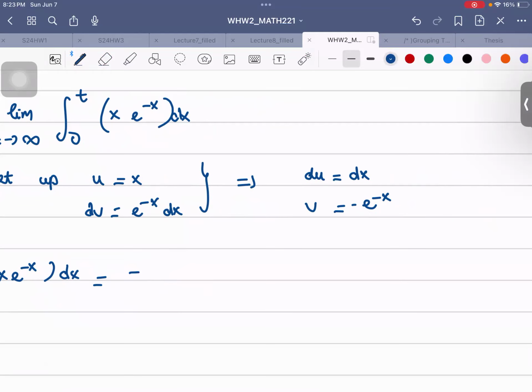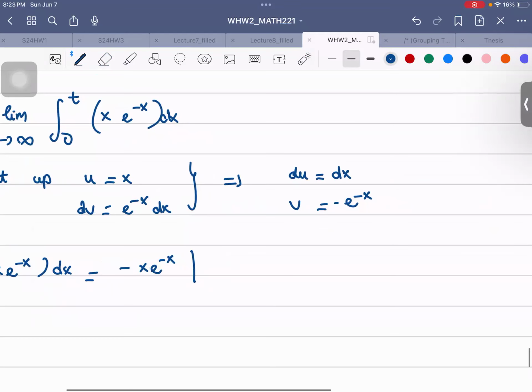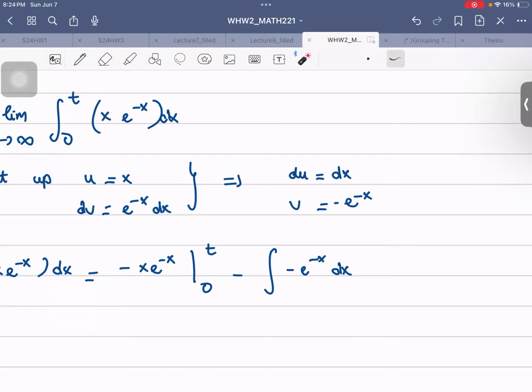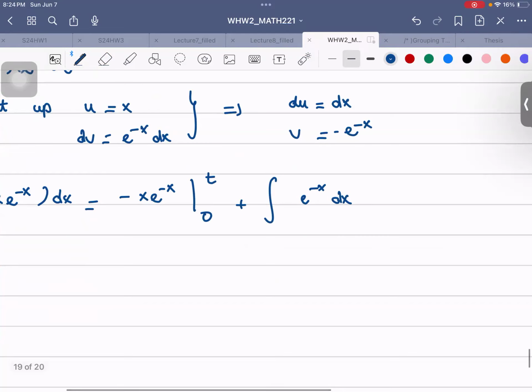So we have negative x e to the negative x from 0 to t, minus the integration of v du. So actually, you have negative e to the negative x dx, and the negative sign cancels out, giving me a plus sign. And take the integration.